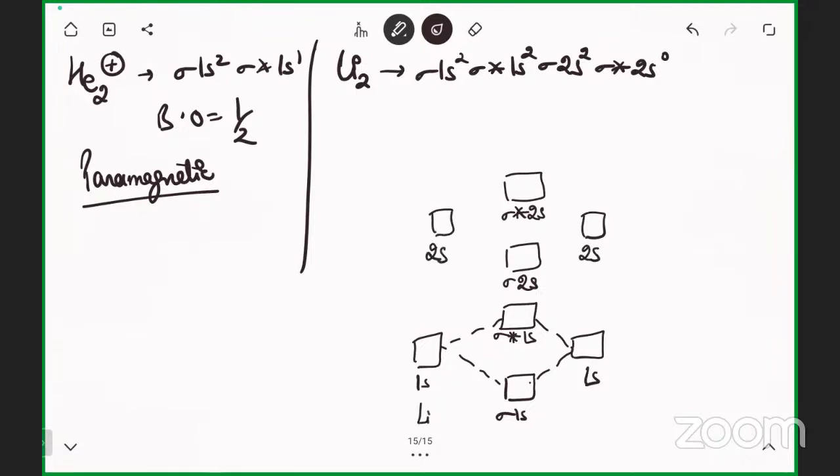This is one lithium and this is another lithium. Okay, now fill up the electrons. Li, normal configuration 1s2, 2s1. Li, again 1s2, 2s1.